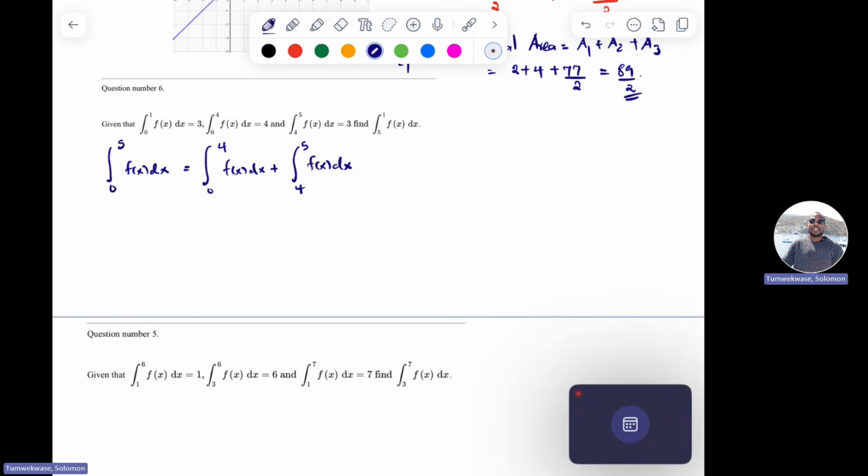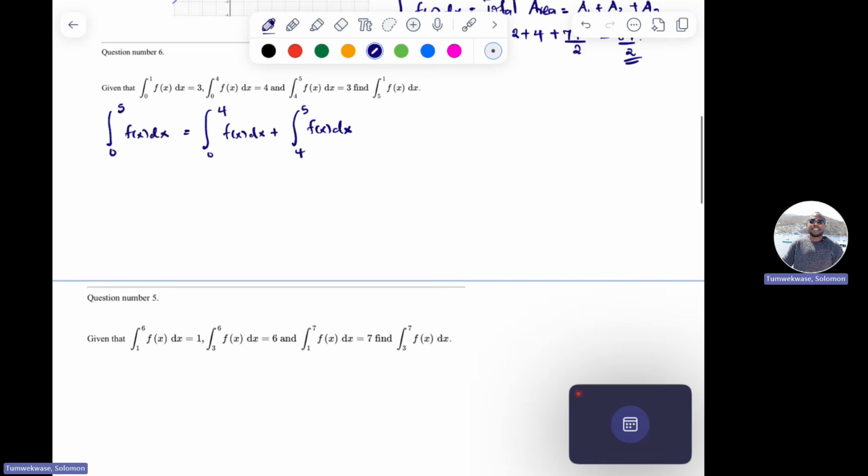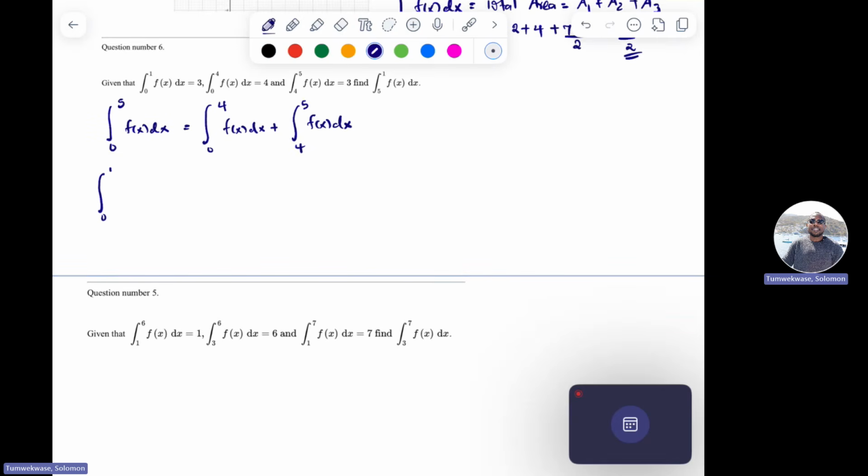Okay. But integral from 0 to 5, this guy on the left-hand side, I can also write it as integral from 0 to 1, then plus integral from 1 to 5. Okay, and this is the same as integral from 0 to 4 f of x dx, then plus integral from 4 to 5 f of x dx.